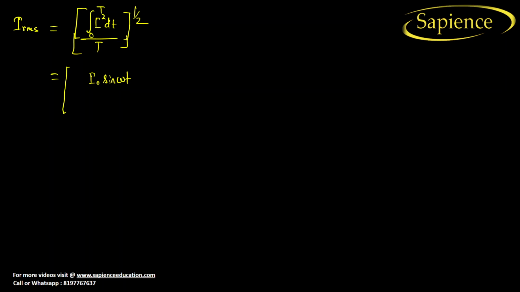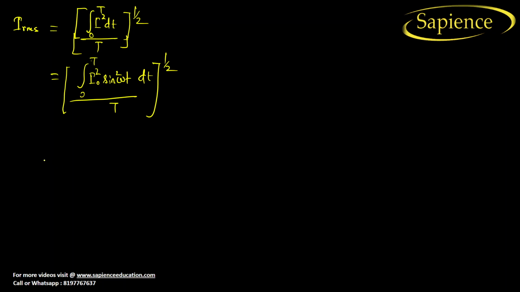Sorry, this was a square. So I naught square sine square omega t into integration from 0 to T, dt divided by time period T. From here we got this.